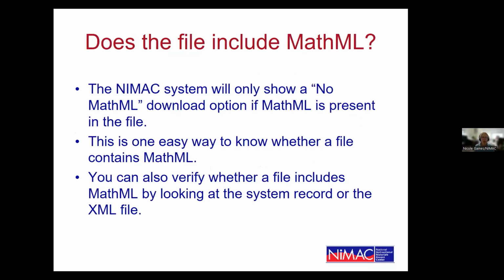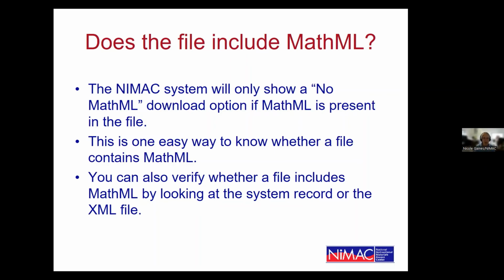The other thing that I want to talk about real quickly is ways that you can figure out whether the file has MathML, because that's going to be something that's important to you. Luckily there are several different ways for you to know. The first one is that if you are going to download one of your assigned files and it includes MathML, you will see an option to download the file without the MathML, and you'll only see that no MathML option if MathML is present in the file.